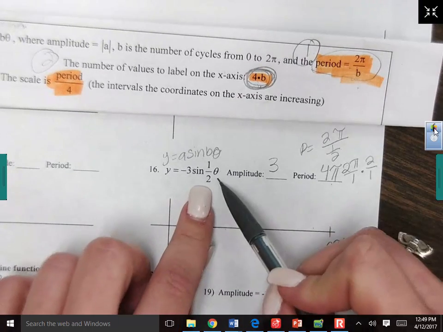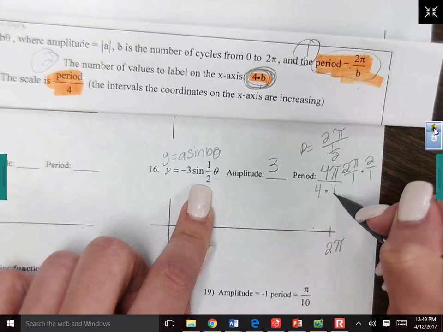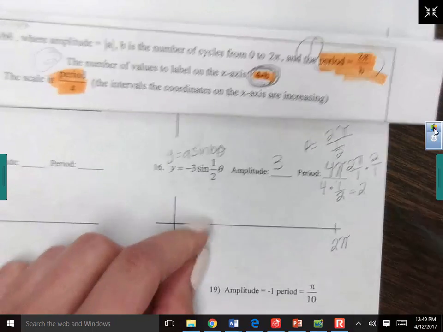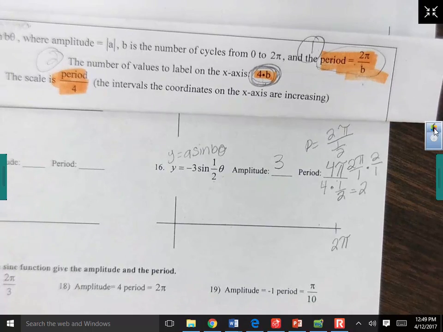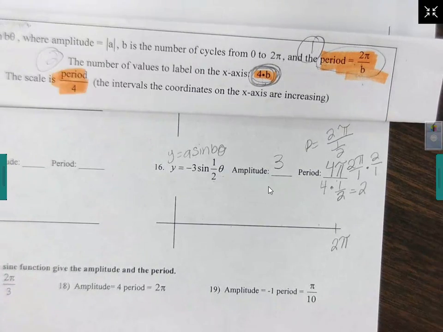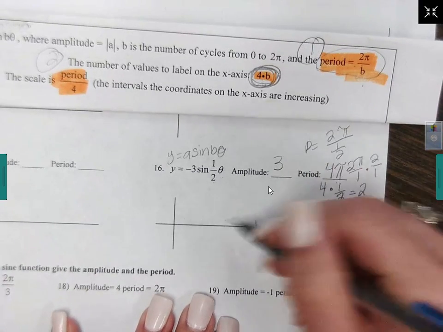B is the number in front of theta, which is 1/2. So this is 4 times 1/2, and 4 times 1/2 is 2. So we break this up into 2. We already have 1, so we have 1, 2 sections.